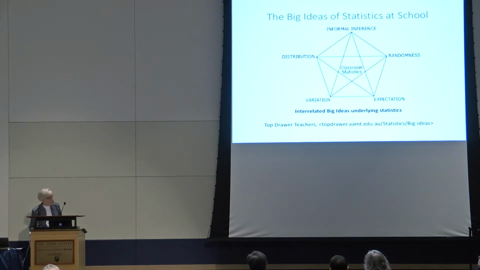I've been talking about this pentagon in Australian schools for a few years now, and down the left corner, variation is the foundation of everything. Without it, we all know we wouldn't have statistics. But from it, we want to harness variation with expectation, and that comes out in 2 ways when we get to talking about the typical value, the mean, whatever, or the probability.